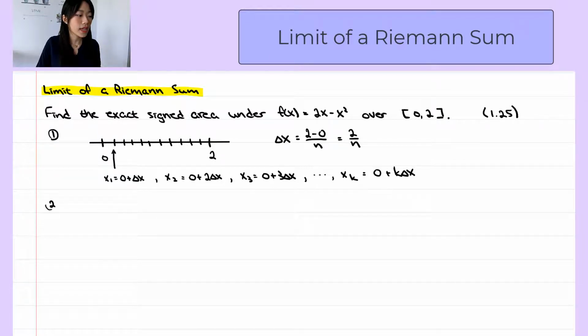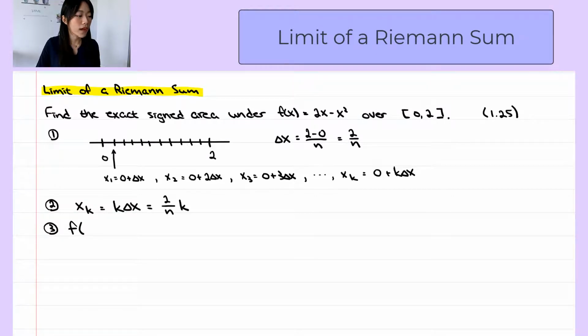So the second step, we're going to substitute the delta x into xk. We found that xk is k times delta x, and from the first step, delta x is 2 over n. So xk is 2 over n times k. Now the third step, we're going to substitute this xk into our function.